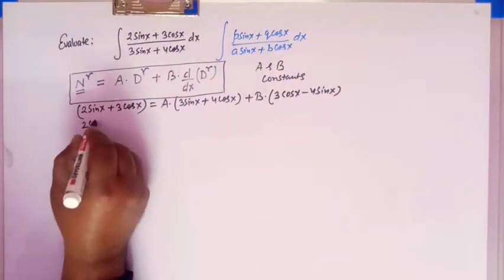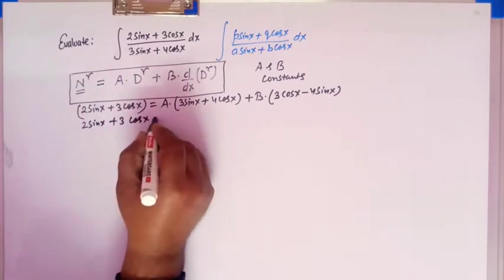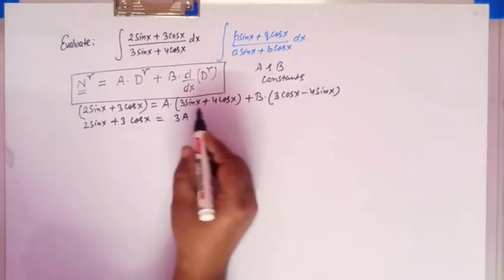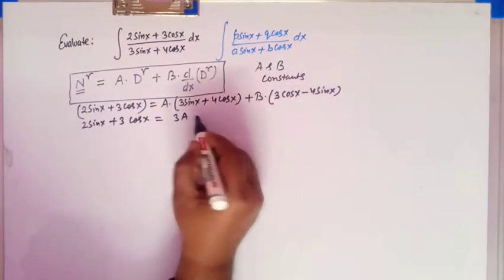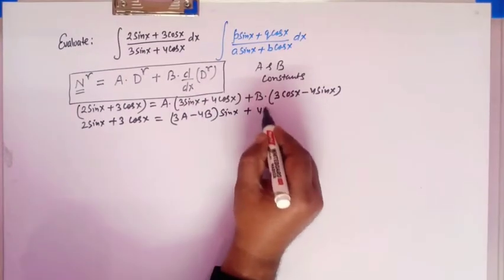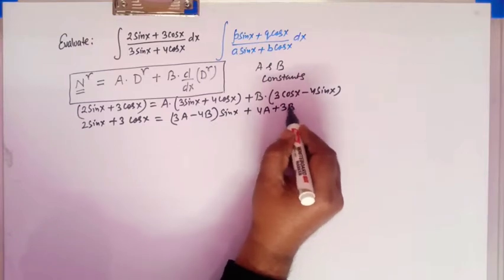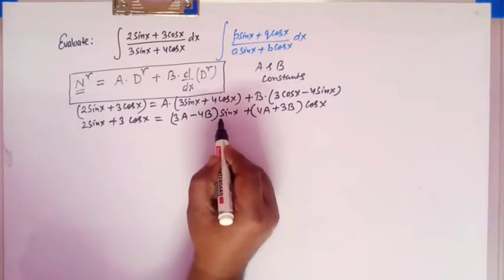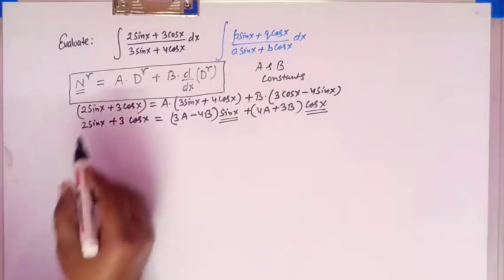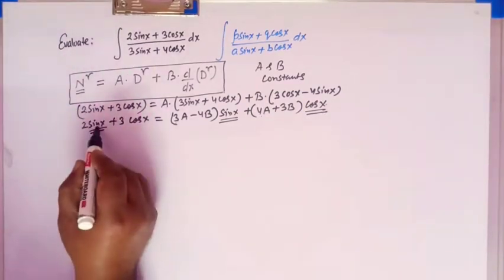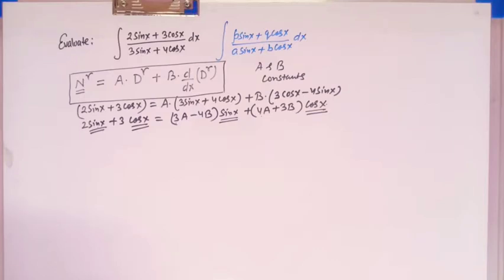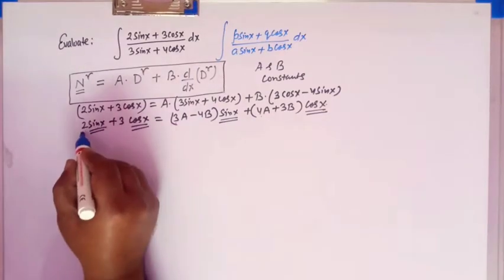So 2 sin x plus 3 cos x is equal to (3a minus 4b) sin x plus (4a plus 3b) cos x, separating the terms. On the left hand side, the coefficient of sin x is 2 and the coefficient of cos x is 3, so we compare the coefficients of both sides.